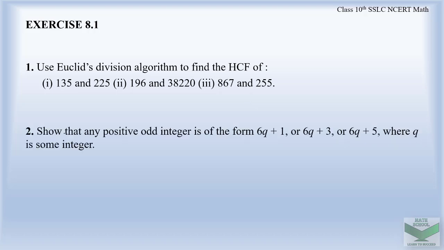Next question is, show that any positive odd integer is of the form 6q plus 1 or 6q plus 3 or 6q plus 5, where q is some integer. Again, we have solved a similar question in example number 4. You have to assume a to be a positive odd integer.